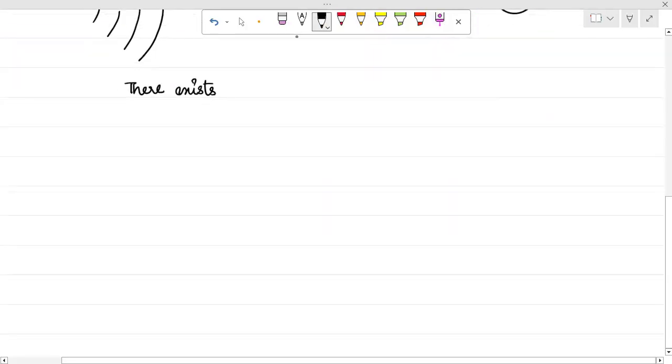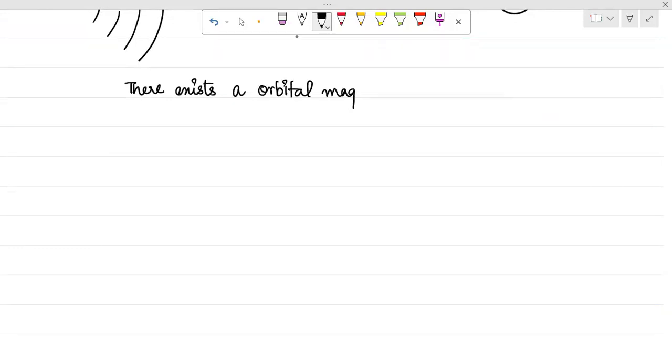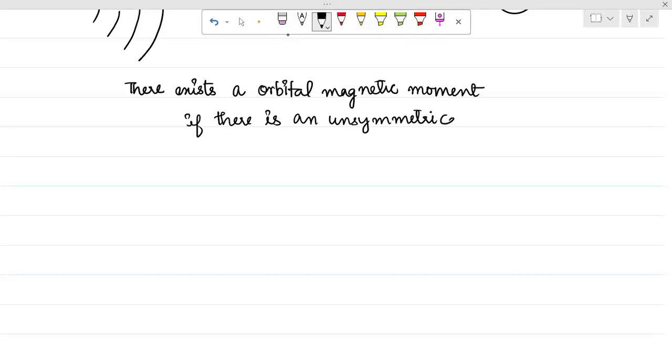So there exists an orbital magnetic moment if there is an unsymmetrical electron distribution in T2G only. Important, I'll explain it.